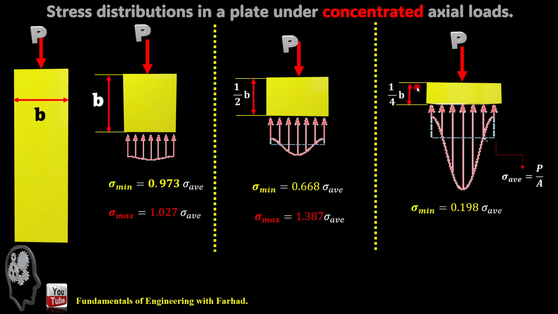When you move to a quarter of the width in depth, in the last scenario, sigma minimum is almost 0.2 of sigma average and sigma maximum is 2.5. You can see how it changed from 0.2 to 2.5, almost more than 10 times bigger the difference between sigma max and sigma min.